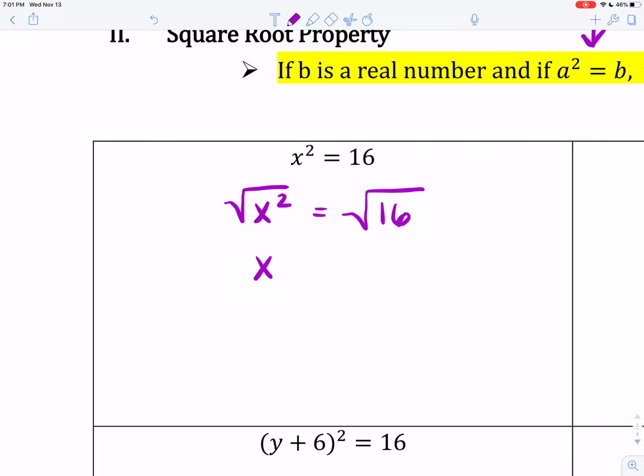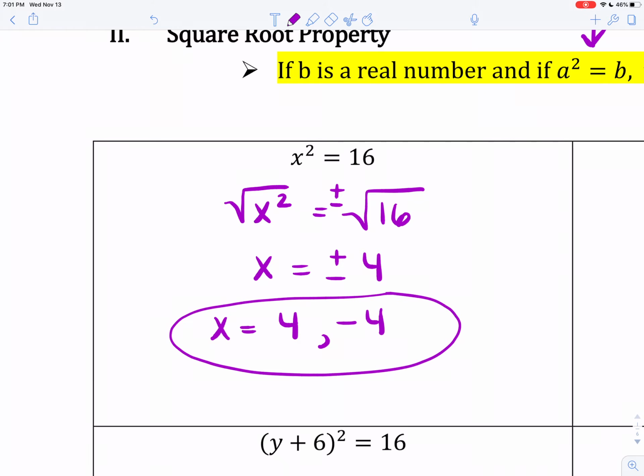So this is going to leave me with just x. But I want to remember that when it comes to the square root of 16, there is technically a positive and a negative. So when I state my solution here, I'm not just going to include 4, I'm going to include plus or minus 4. And that actually refers to two separate values, right? One would be positive 4 and one would be negative 4, which is the same solution that I found when I solved by factoring.